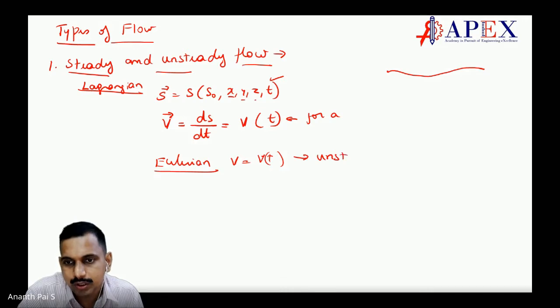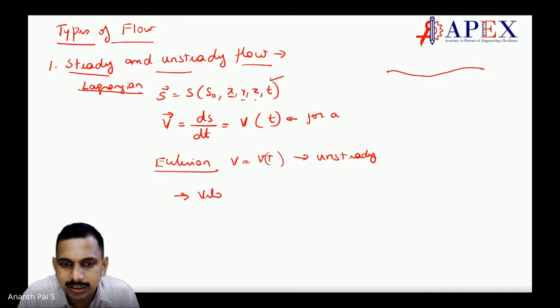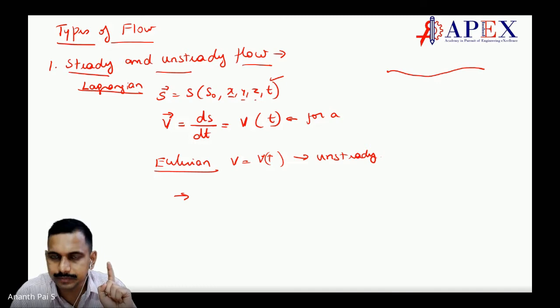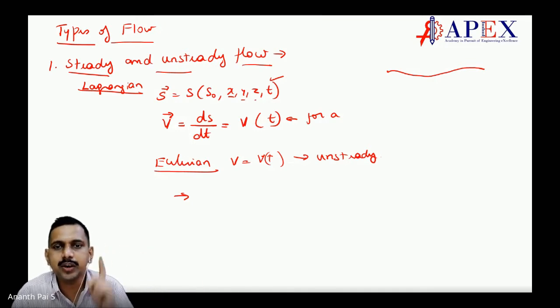So whether it is Eulerian or Lagrangian, the thing that has to be checked is velocity. Only velocity, keep in mind, not anything else. Don't think position is a function of time. No, we are not worried about it. Acceleration is a function of time, we are not worried about it. We are worried in steady and unsteady only with velocity.